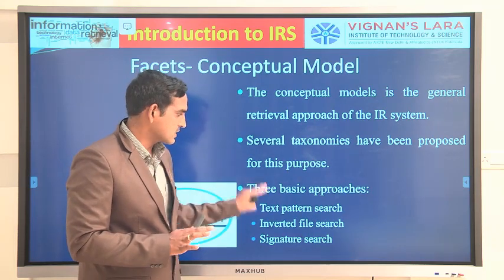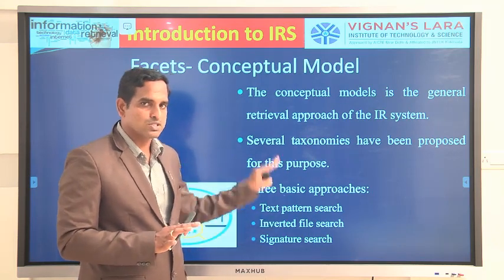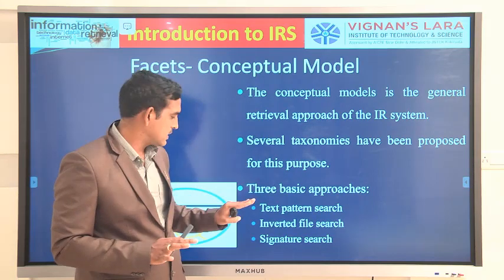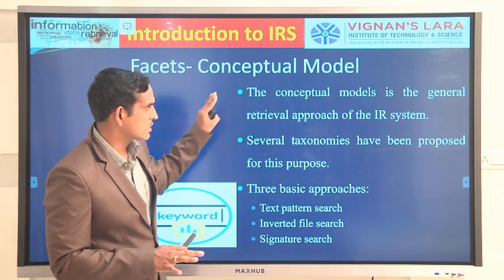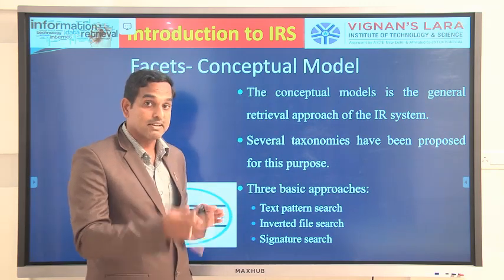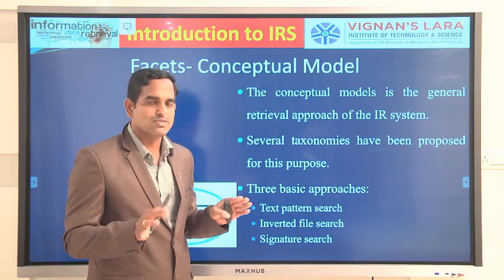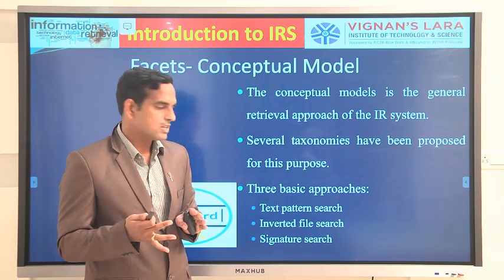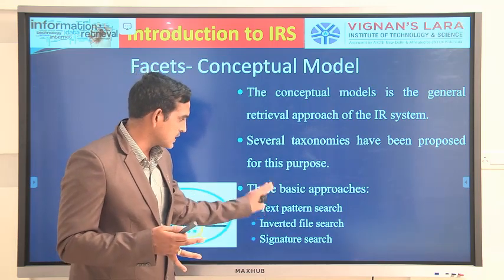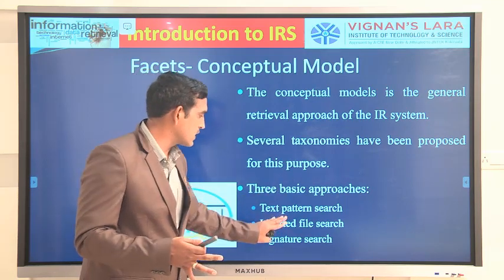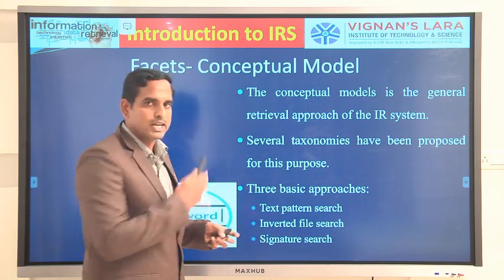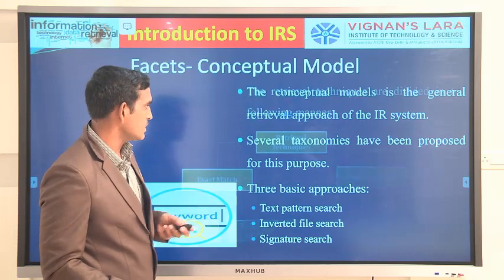These are basic approaches of retrieval, but we'll be looking at them later. For the time being, know that your conceptual model will have several taxonomies, that is classification is done in several ways. So these 3 approaches are present in several systems, but I will not be looking at these 3 searches, we will be looking at another taxonomy.